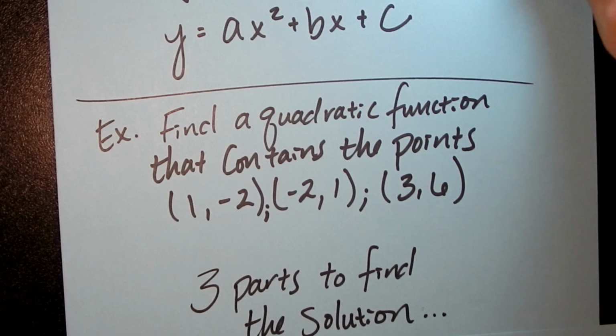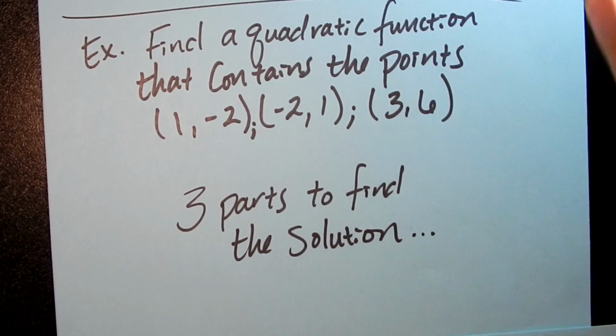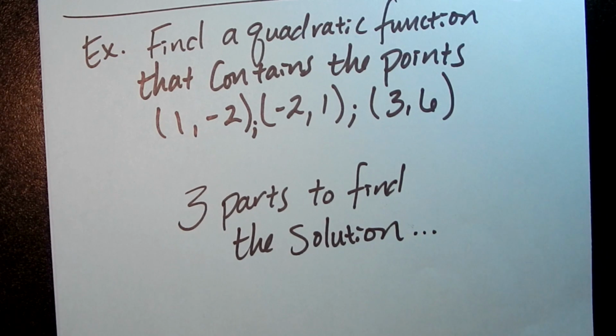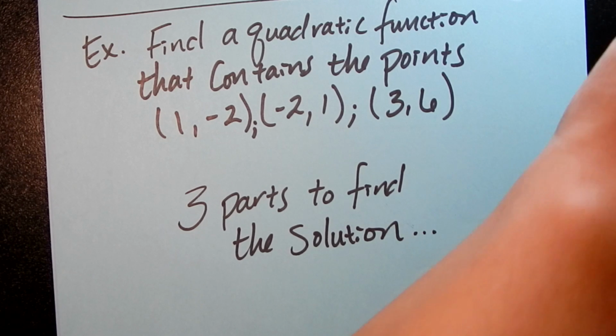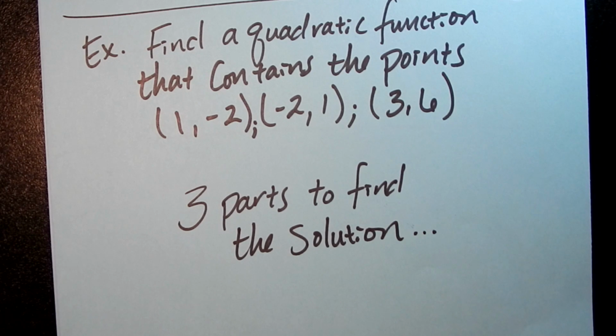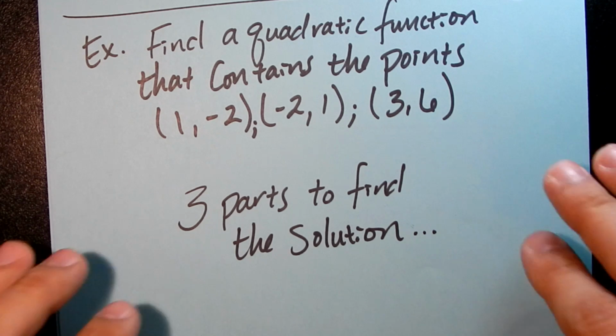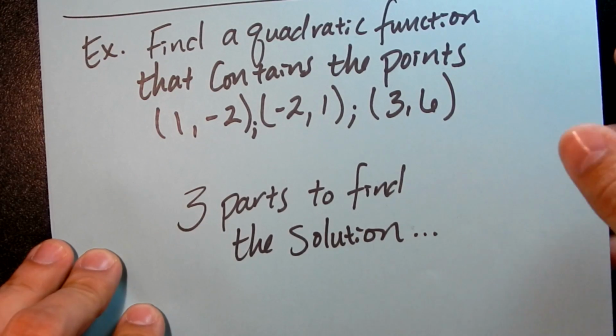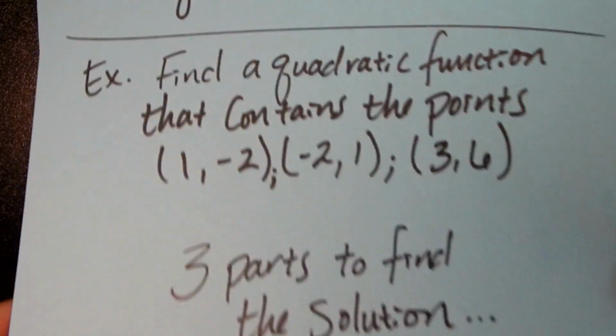As we're looking through this, there are 3 different parts that we have to attack in order to put those together and find the solution. I just realized I'm doing a bunch of hand gestures that you can't see on camera, but that's okay, they don't really help.